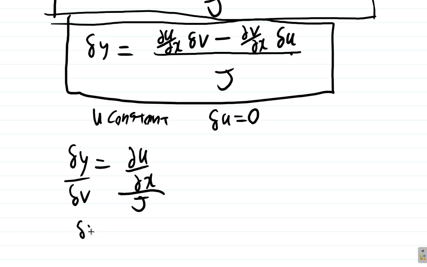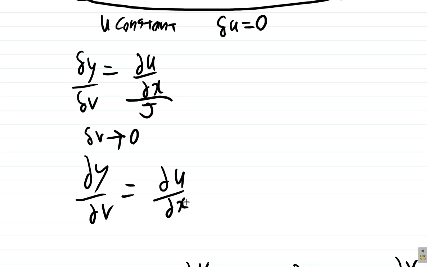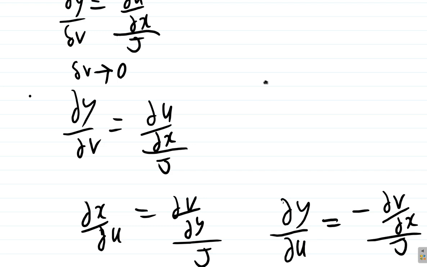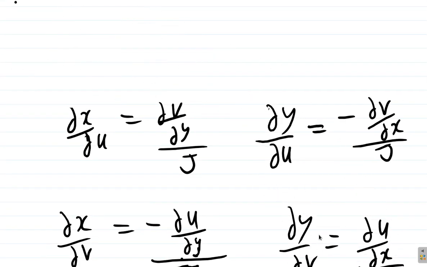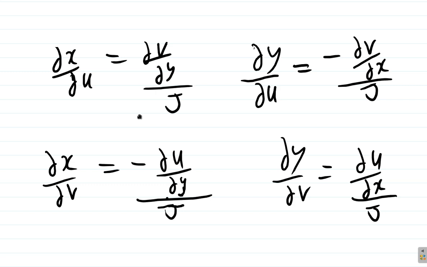Now as the change in v tends to 0, you have delta y by delta v equals delta u by delta x over the Jacobian. So let's move this result here. So these are the results that we have here, right?